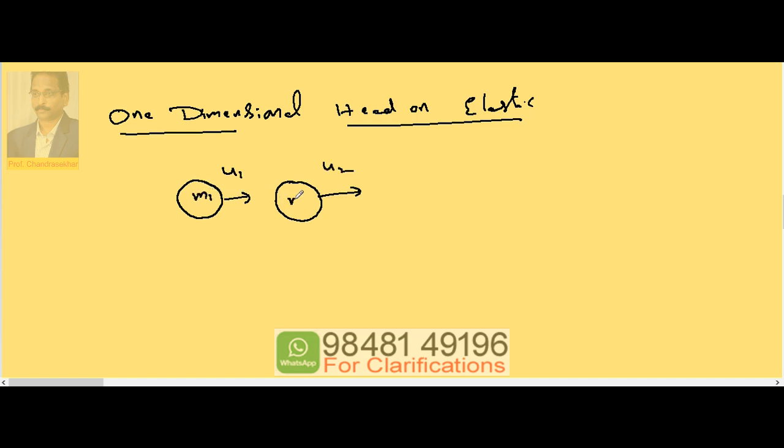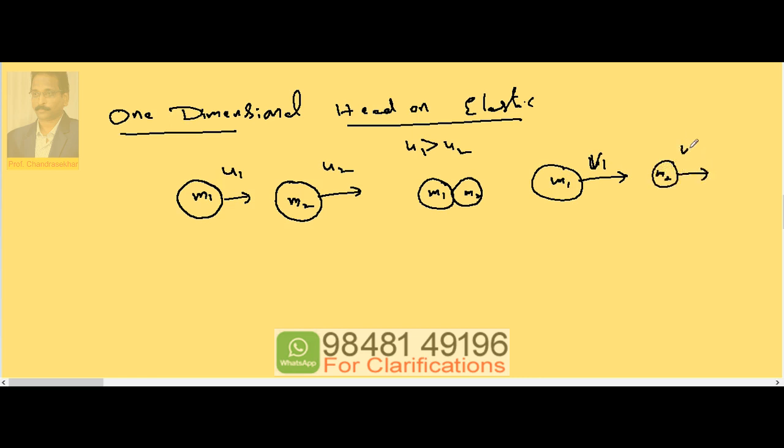This is m1, this is m2. They collide with each other. If I imagine u1 is greater than u2, so final velocities, m1 moves with velocity v1 and m2 moves with velocity v2. Generally v1 will be less than v2. Before collision u1 is more, and after collision v2 is more and v1 will be less.